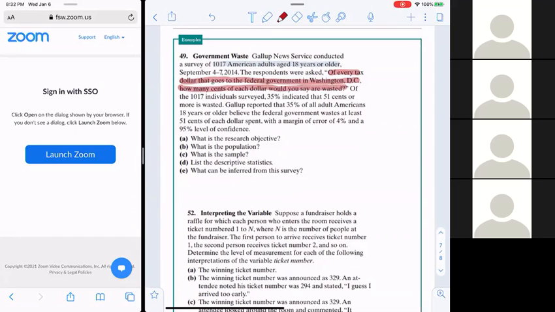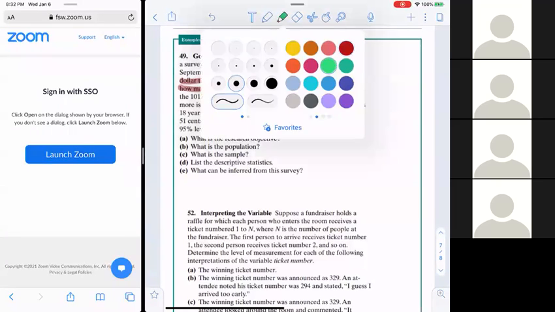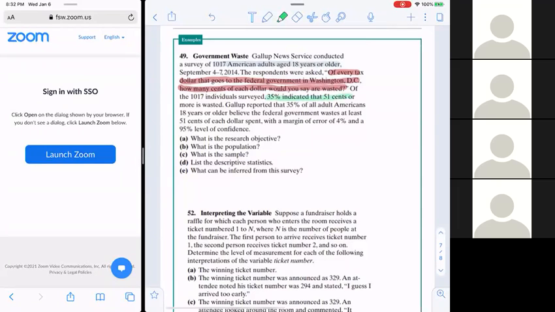And of the 1,017 individuals, 35% indicated 51 cents or more is wasted. So Gallup reported that 35% of all adult Americans 18 years or older believe the federal government wastes at least 51 cents of each dollar spent, with a margin of error of 4% and 95% level of confidence.